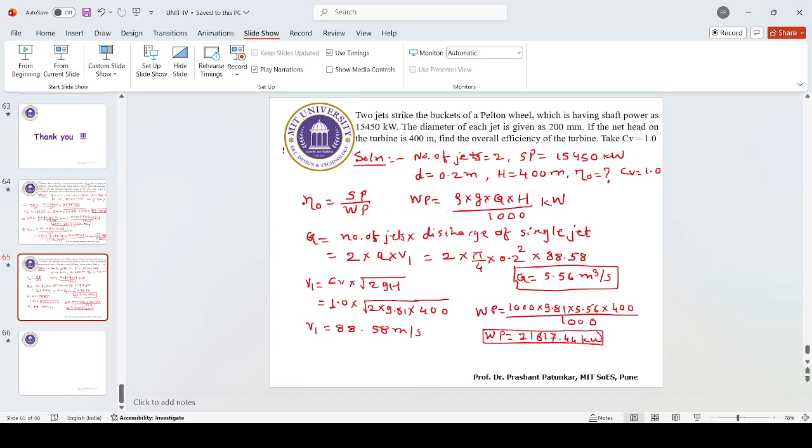To calculate the overall efficiency, I know the shaft power that is given to me, and the water power I have just calculated. So I will plug in the values.